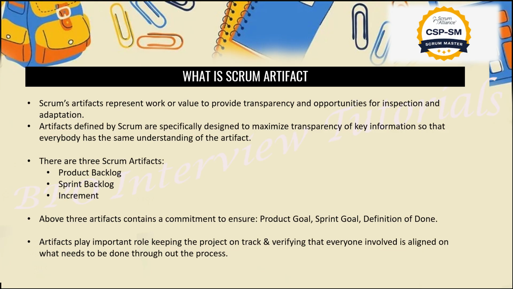Now basically, the name itself says artifacts, which means something that will help in understanding the product, right? Something that will help in understanding what kind of thing it actually is. So we require some artifacts about it, right? It will provide transparency and we can understand everything in detail. So there are three types of artifacts we can see here. The first one is the product backlog.